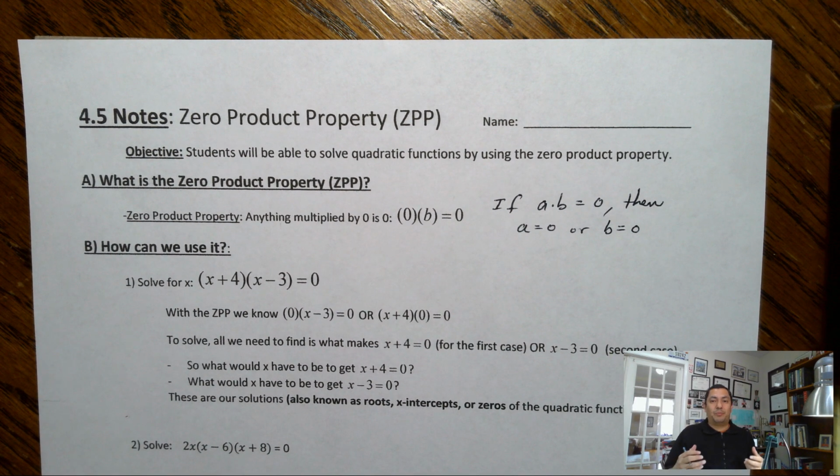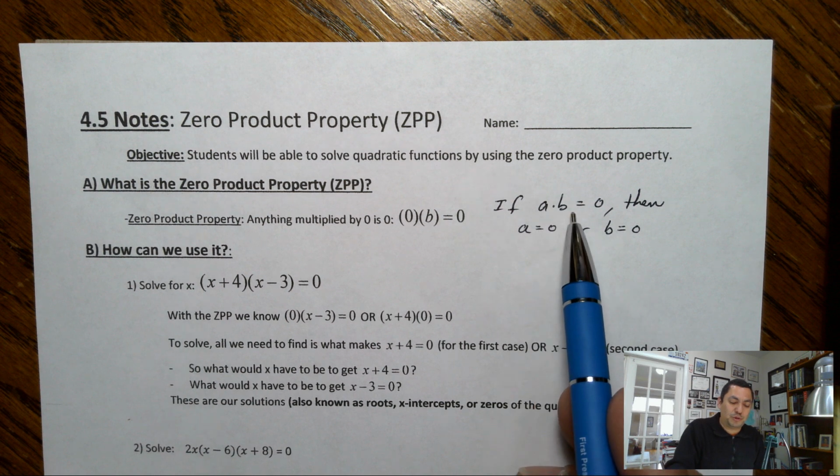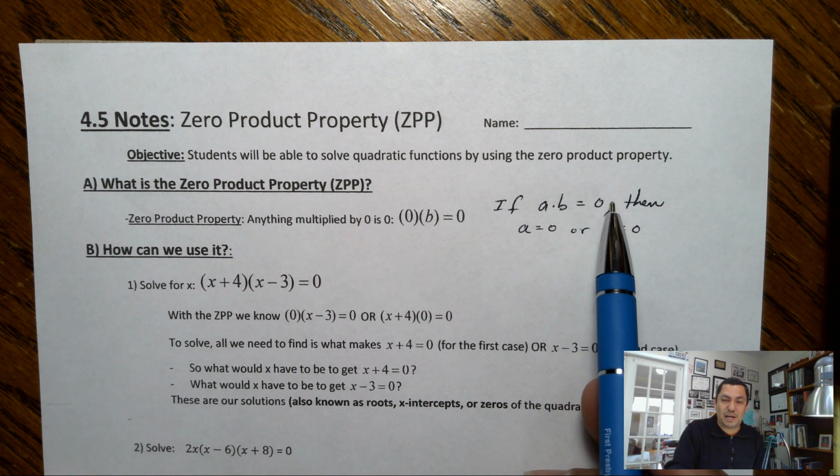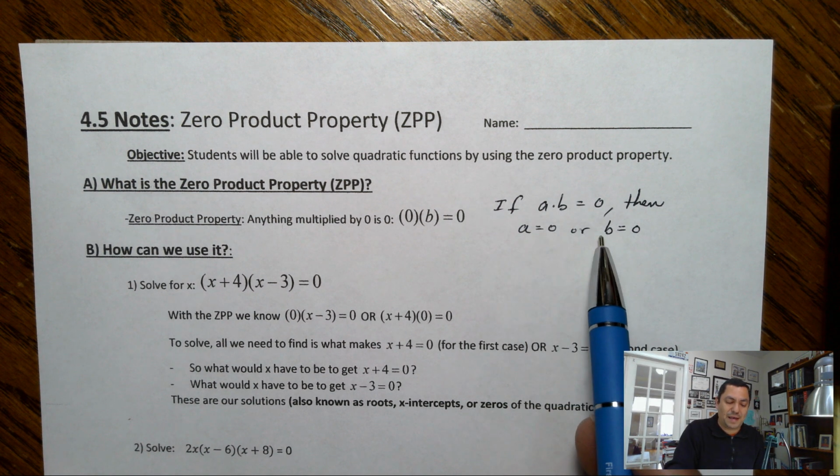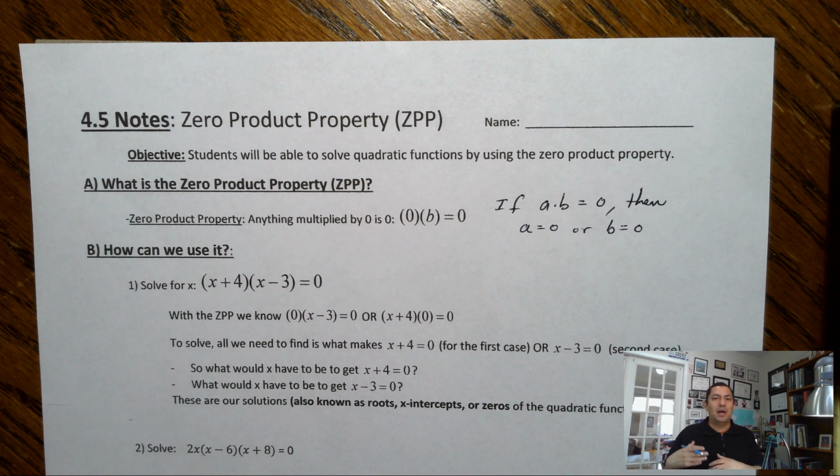So that's the property. It allows you to set both factors equal to 0 to find the zeros or the x-intercepts, which is where the parabola or the function crosses the x-axis.